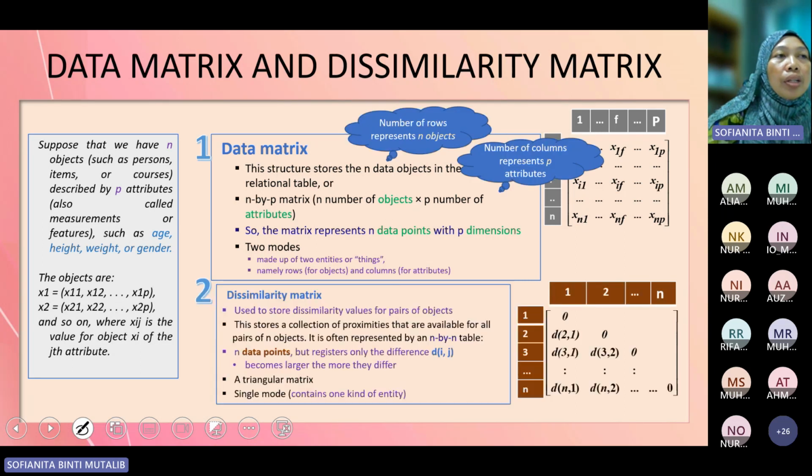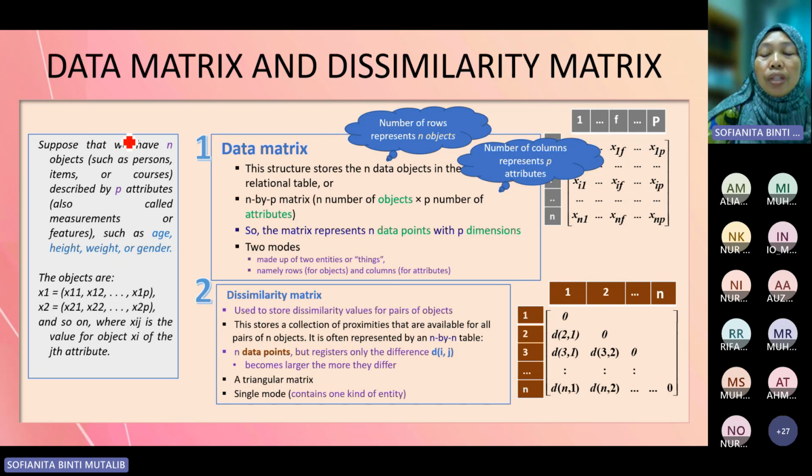The second part is the dissimilarity matrix. In clustering, we use the dissimilarity matrix, and the value that we store in the matrix is relevant to the distance. So what is distance?